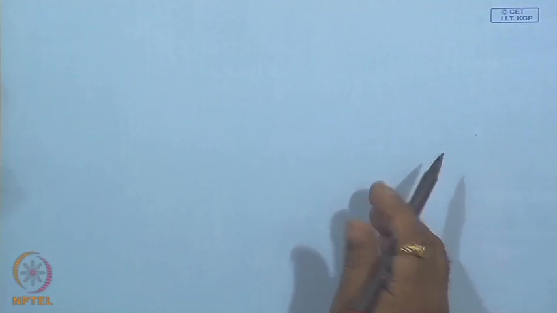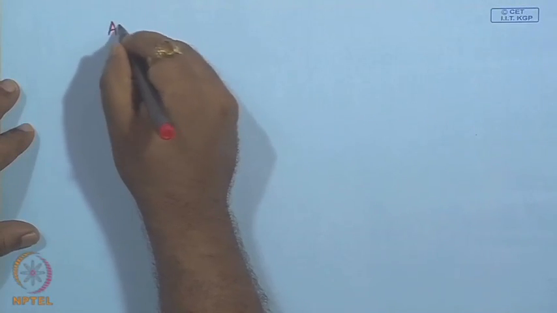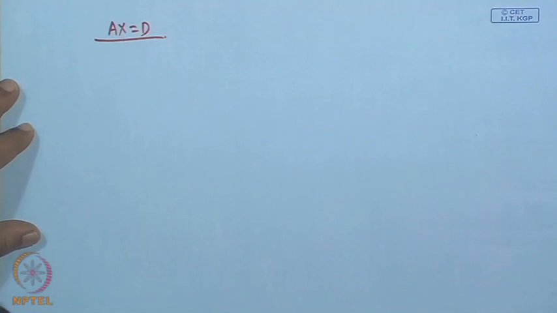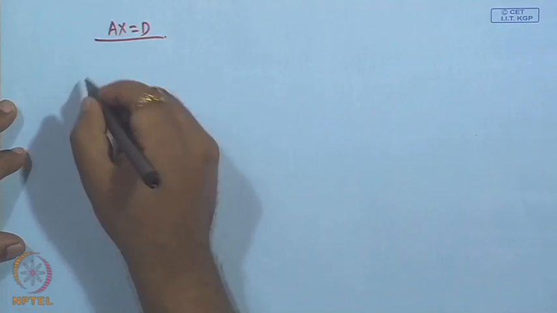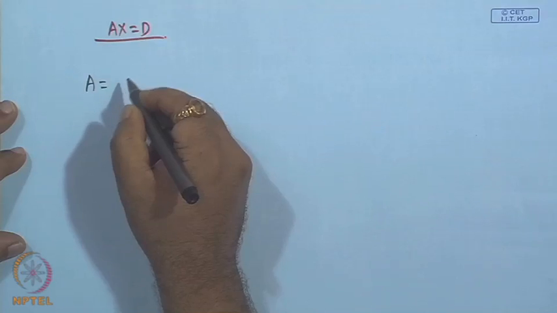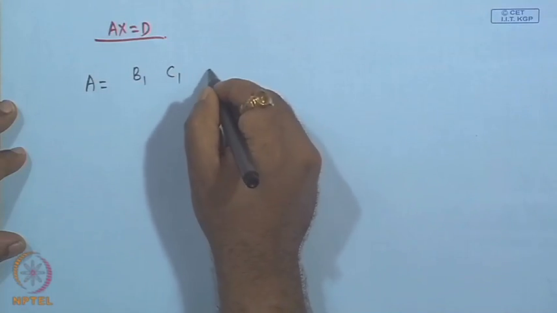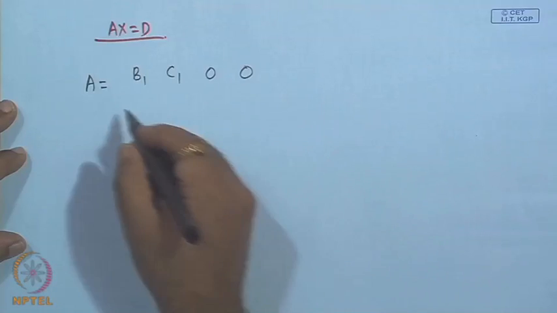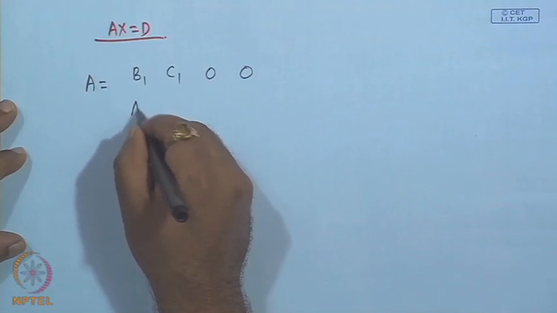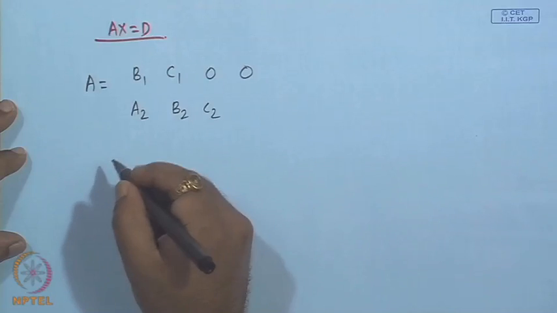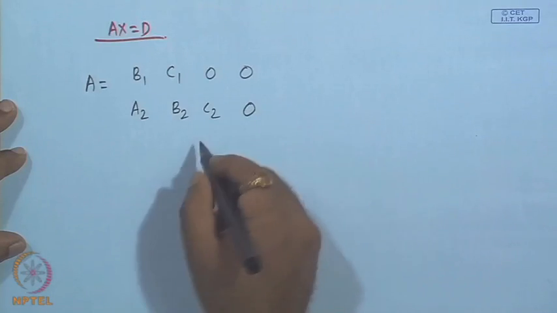Okay. So, we get as follows: A x equals d, some global system, where the structure of A follows from the earlier matrices. These are null matrices, then A 2, B 2, C 2 like this.